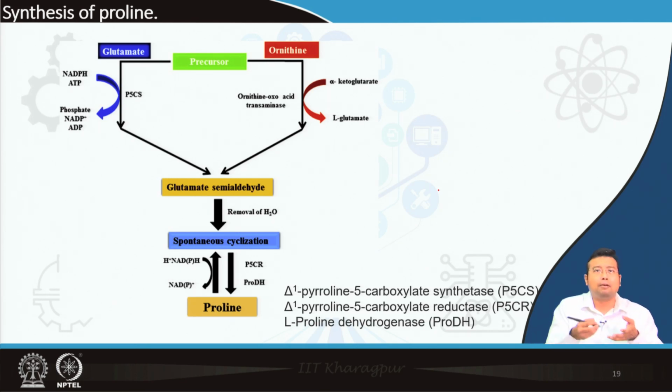So, you can see proline is first acted upon by an enzyme, delta 1 pyrroline 5 carboxylate synthetase. This is a big name, abbreviated as P5CS, and in a similar step this compound will be reduced as well.